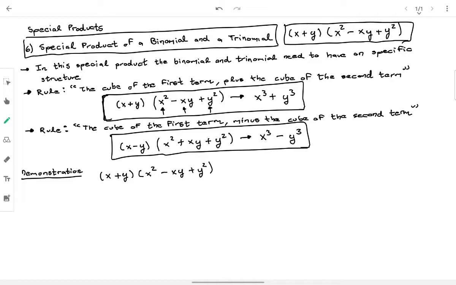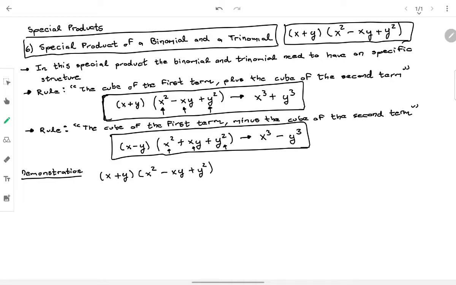In the case of the second rule, the cube of the first term minus the cube of the second term, it must have this specific structure. Of course, the binomial is in this case x minus y. In the trinomial, the first one must be the first one squared, then the product of the first one and the second one, and then the second one squared.